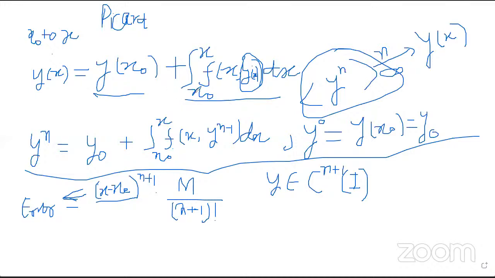The same thing will apply in Picard also, because in Picard also basically we are taking an approximation. We are approximating the function f(x, y) by f(x, y_n) in the interval x0 to x. So if this interval gets bigger and bigger, then this approximation will be worse and worse.